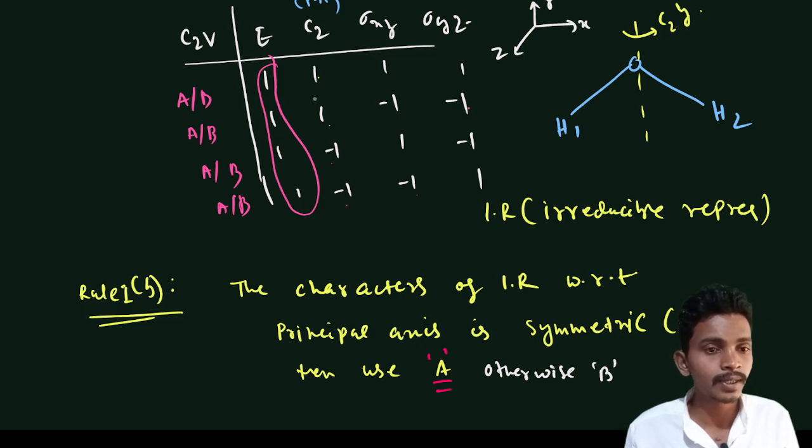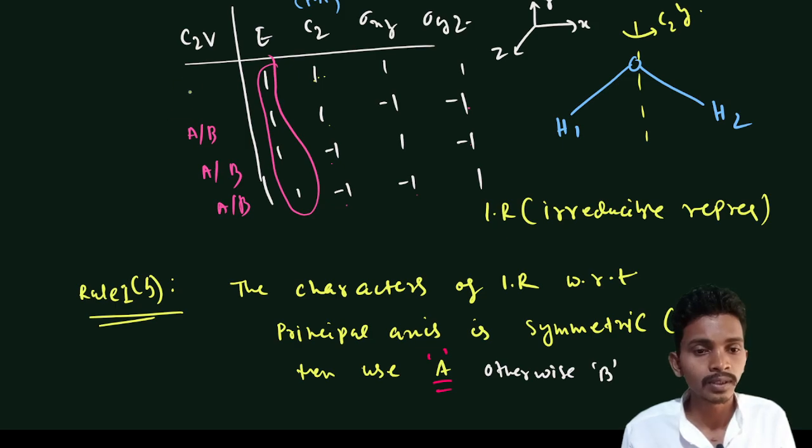So this is the principal axis. If it comes 1, then we have to use A, not B. So the principal axis is 1, so I will use A. If this is also again 1, then A will be used.